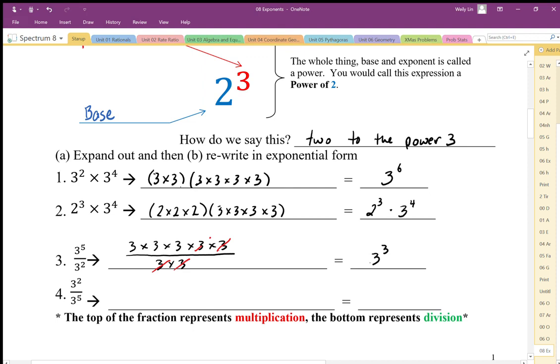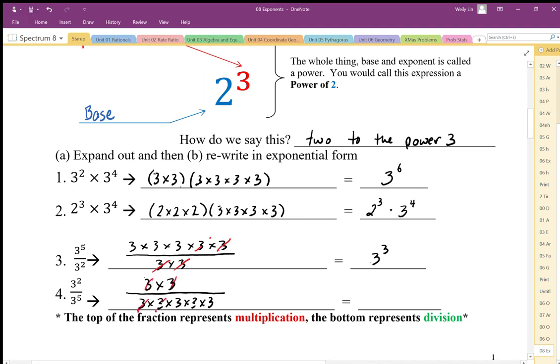Well, if that's true, then I can just use the same reasoning here. I've got 3 times 3 on top. Okay, I've got 3 times 3 times 3 times 3 times 3 on bottom. And I know that multiplication and division undo each other. So those will undo each other.